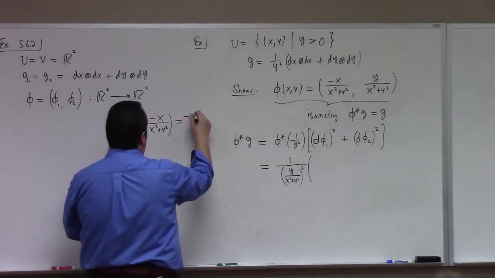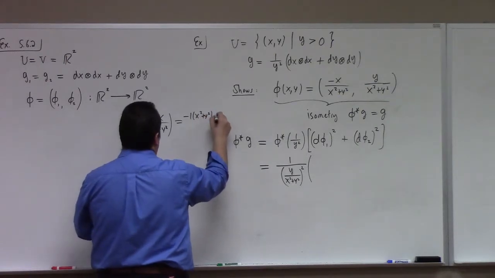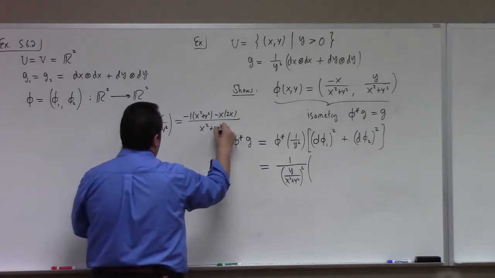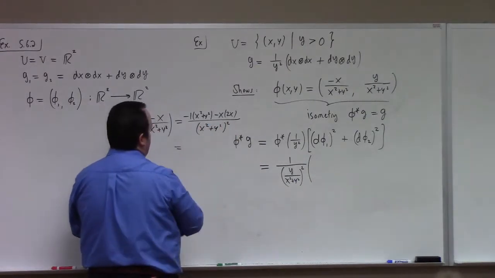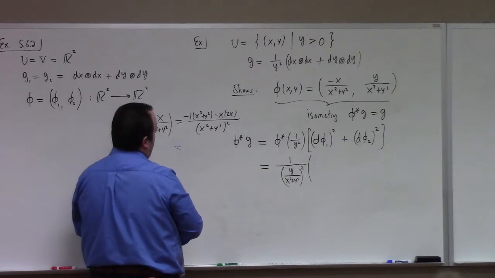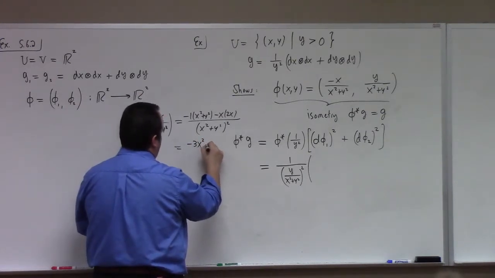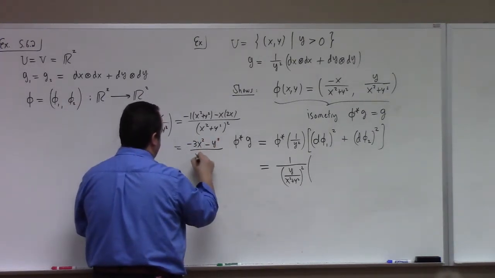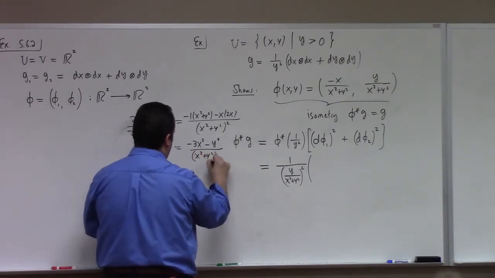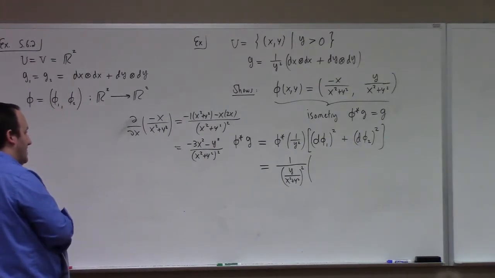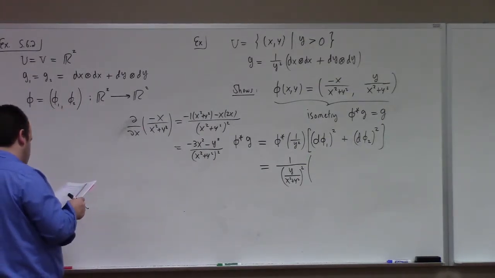So we've got minus 1 times x squared plus y squared minus x times 2x divided by x squared plus y squared squared, which is minus 3x squared minus y squared, if I haven't made a mistake. No, I think I've made a mistake.